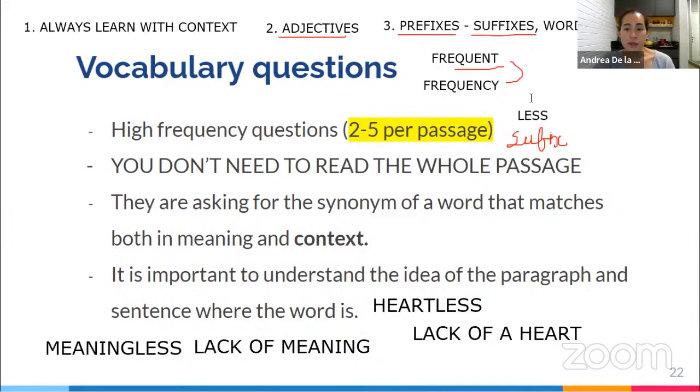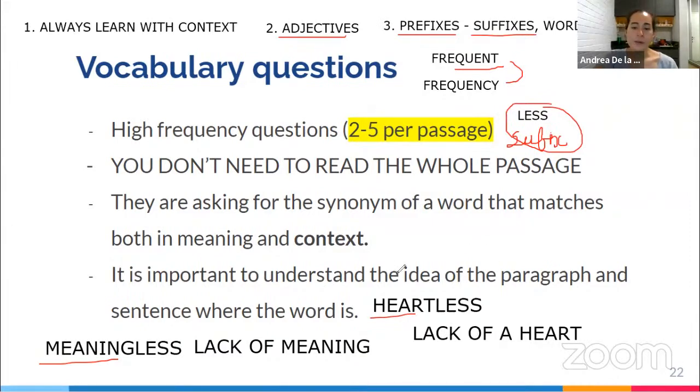So just by knowing that, and knowing the roots of the word, meaning, heart, then you already know that vocabulary. This is just an example, because of course there are more complex suffixes and prefixes than less.